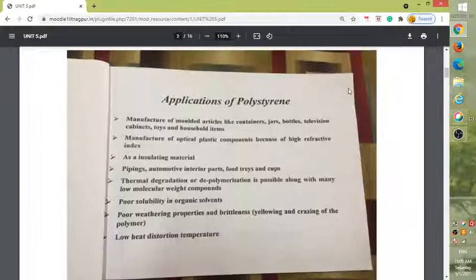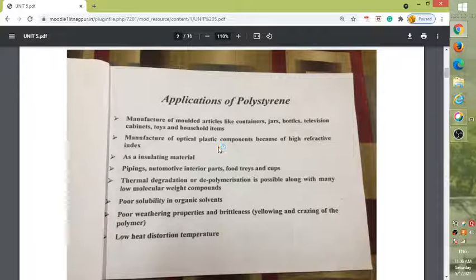Now application of polystyrene. Manufacture of molded articles like containers, jars, bottles, television cabinets, toys and household items. Manufacture of optical plastic components because of high refractive index. So you must have heard that many optical glasses are made by polystyrene. It is because of its high refractive index.